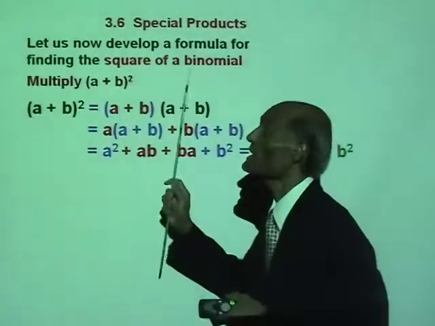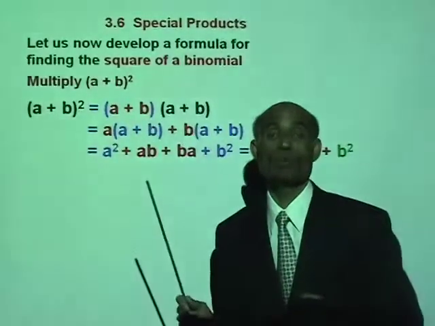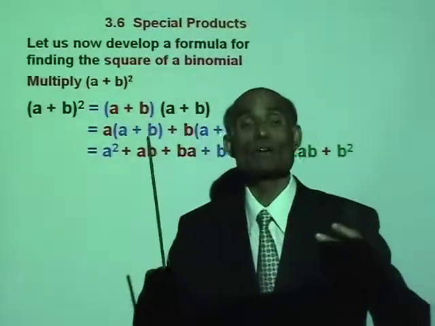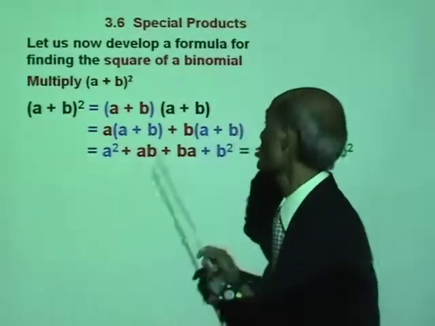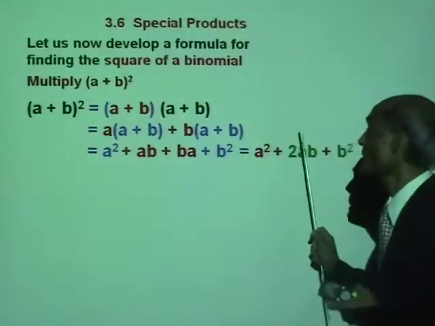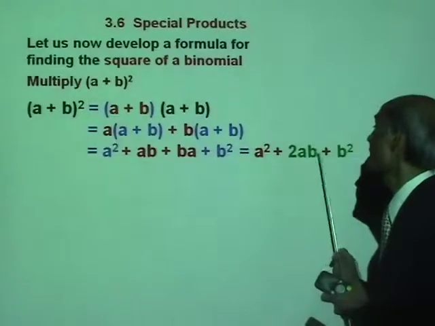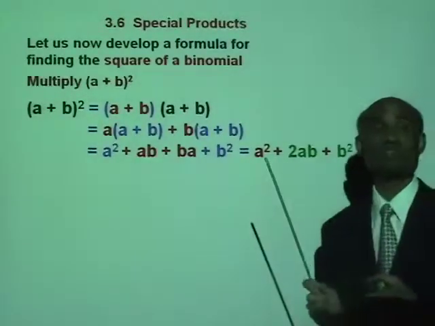A plus b all squared. What do you get if you square a plus b? You get a squared plus 2ab plus b squared.